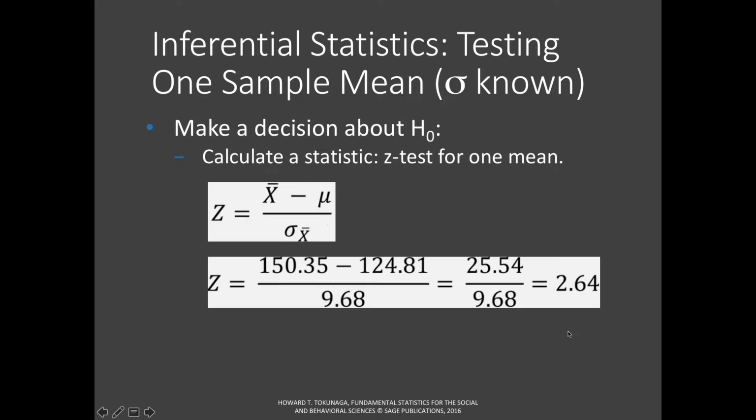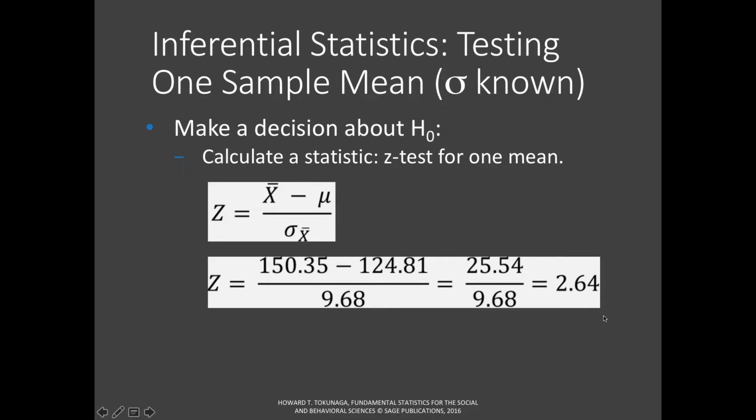Now we plug that back into that z formula. So the mean of our sample, 150.35, minus the mean of the population, 124.81. Then we divide that number by the standard deviation of the mean that we just found on the previous slide. And then you get your z-score of 2.64.